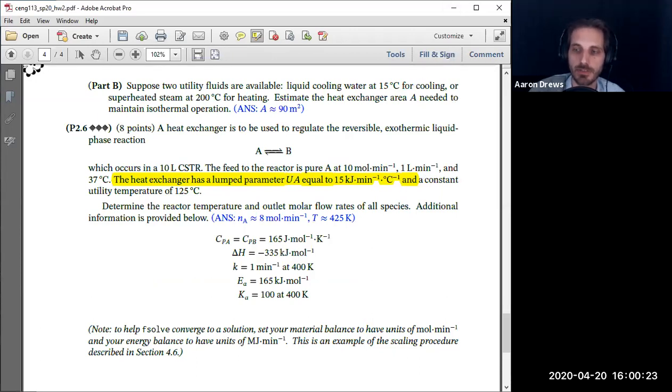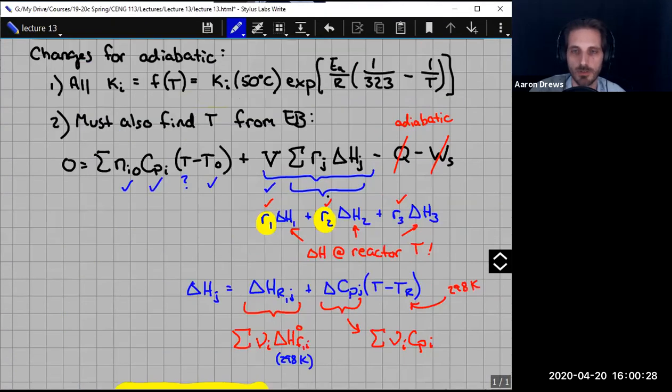The way that you'll account for that in your energy balance will be through the Q term, which is this one. Not that, that's a D. Here. Right, so you now have a heat exchanger, and so you no longer have an adiabatic system. So the rest of the energy balance looks the same, except now you have Q. And so for homework problem 2.6, you'll have that Q is equal to UA times T_U minus T. And that's what John had in his example the other day.